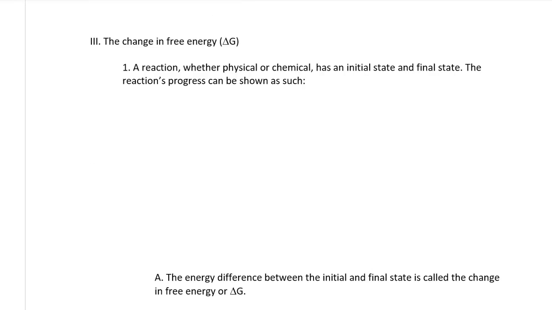The change in free energy, delta G. A reaction, whether physical or chemical, has an initial state and a final state. The reaction's progress can be shown as such. Let's say that we have a reaction, A goes to B, a chemical reaction, where A is the initial state and B is the final state.